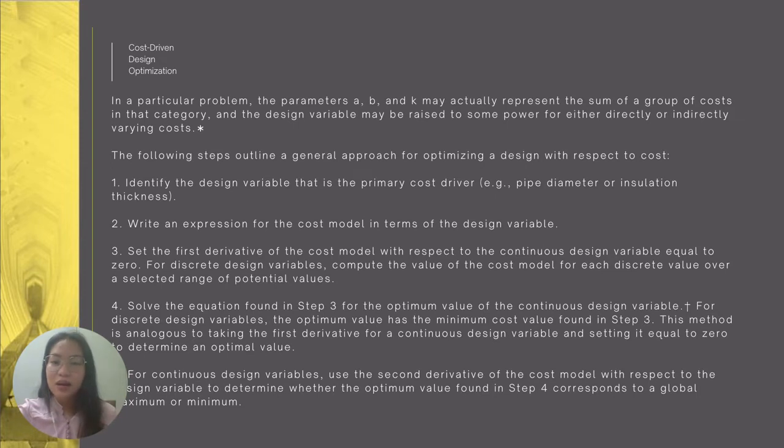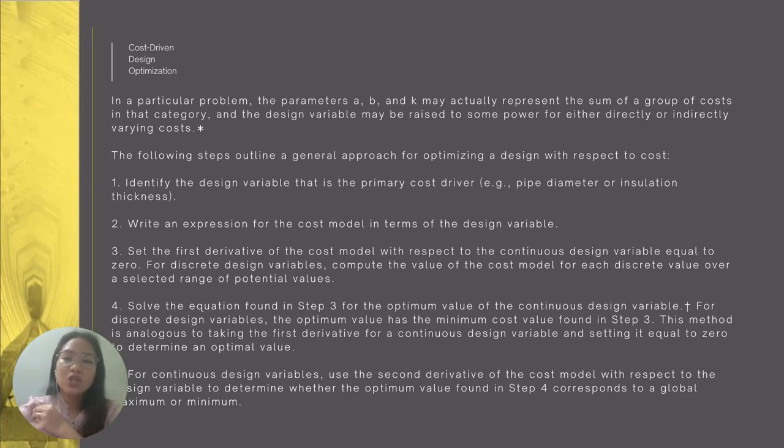What do you think would cost you more in this design, and where can you save, or where can you reduce, like the diameter of the pipe, the insulation thickness, or the length of your material, something like that.